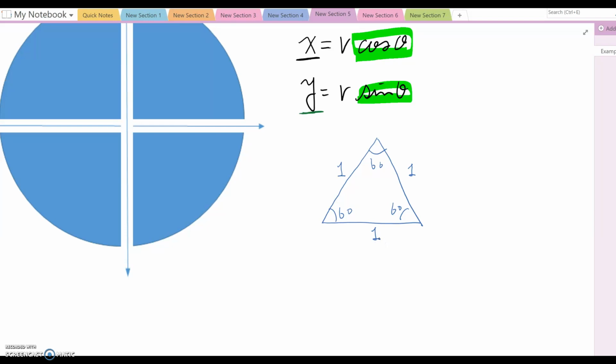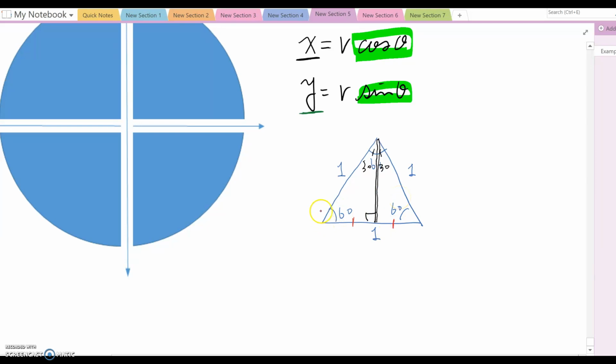But now, I'm going to draw an angle bisector through the first angle here. Because this is a regular or equilateral triangle, this angle bisector makes 90 degrees, and then the angles become 30 degrees each.